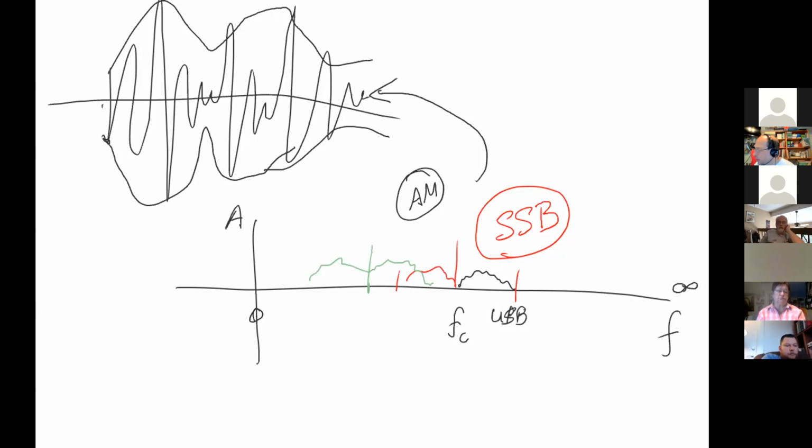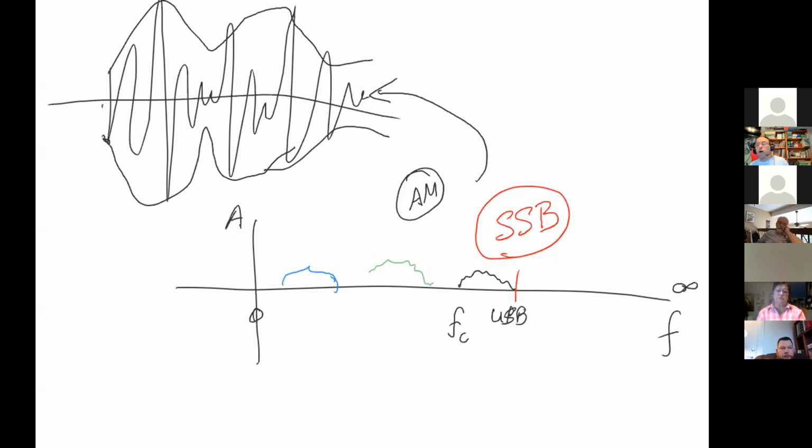That's right. Exactly right. So now if I were instead to take this and make this sideband go away and make this sideband go away, what I've now done is created more room for other people to use the exact same frequencies, or those next door frequencies to each other. Like here's another one.